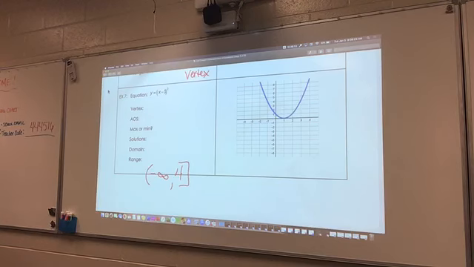Would you agree that it's vertex and it's also intercept form? It's kind of both. If you look at it, you don't need the plus k, that's just because it's 0, right? So yeah, it's actually both. Vertex and intercept form. Good job.